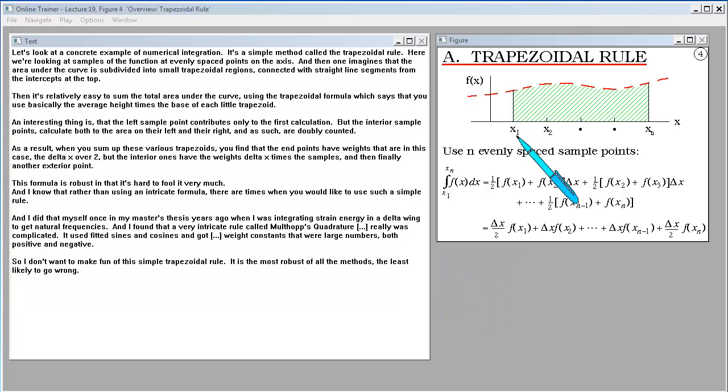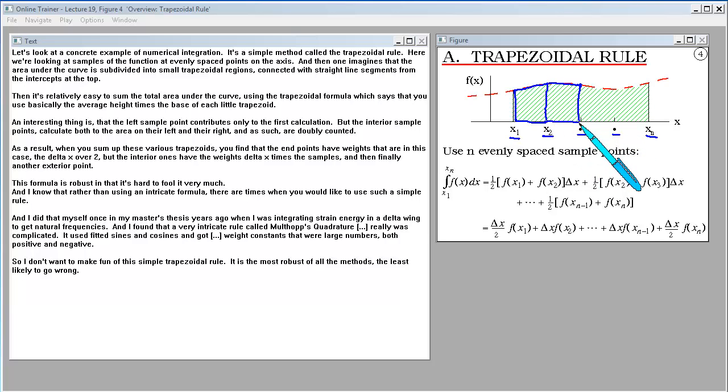Here, we're looking at samples of the function at evenly spaced points on the axis, and then one imagines that the area under the curve is subdivided into small trapezoidal regions connected with straight line segments from the intercepts at the top.